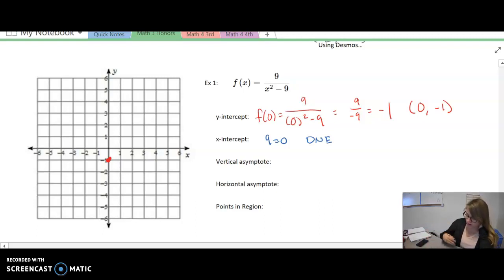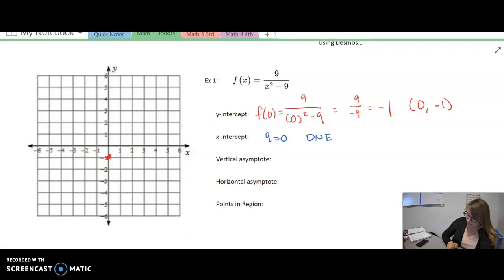So then moving on to our vertical asymptote, we need to set our denominator equal to 0. So I want you to set your denominator equal to 0 and find the vertical asymptote. Alright? So pause your video here and find the vertical asymptote.